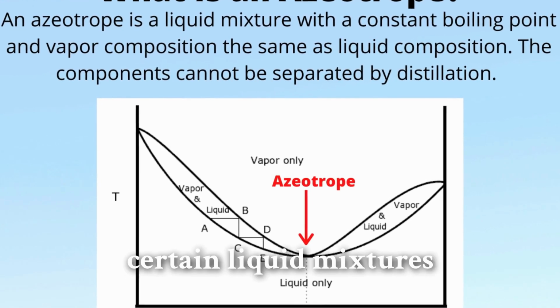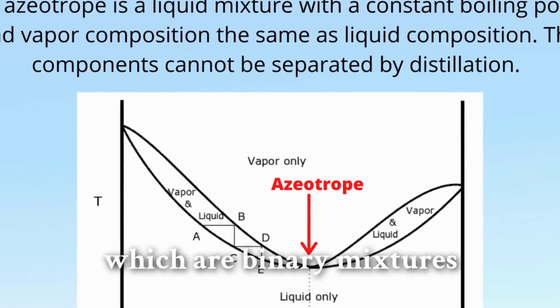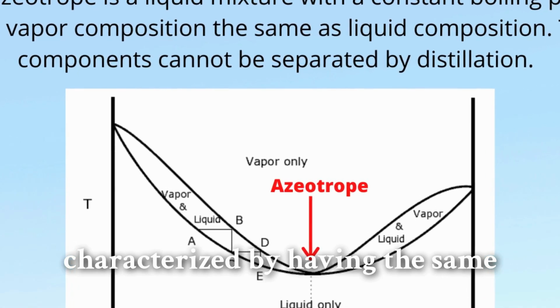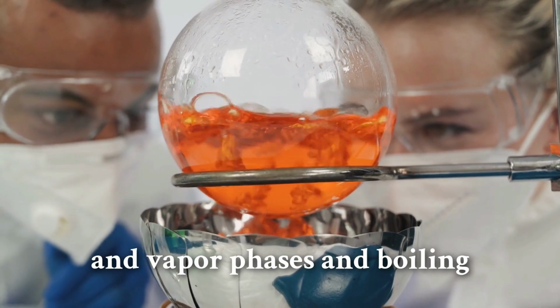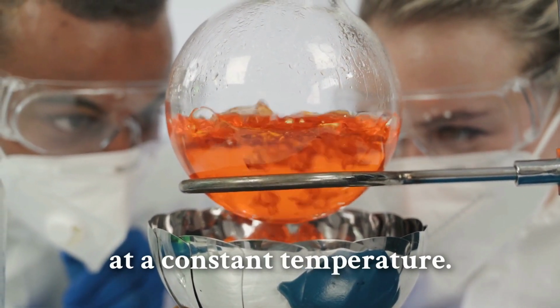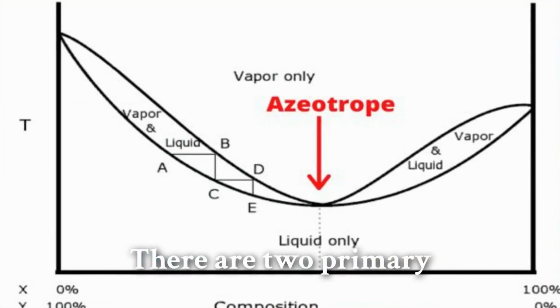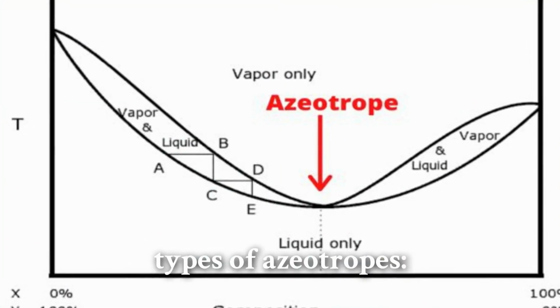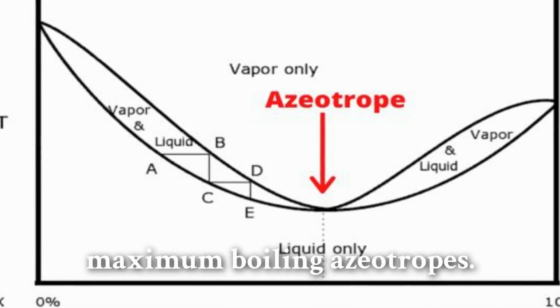Additionally, certain liquid mixtures form azeotropes, which are binary mixtures characterized by having the same composition in both the liquid and vapor phases and boiling at a constant temperature. Azeotropes present unique challenges in separation processes, as it becomes impossible to separate the components by fractional distillation. There are two primary types of azeotropes: minimum boiling azeotropes and maximum boiling azeotropes.